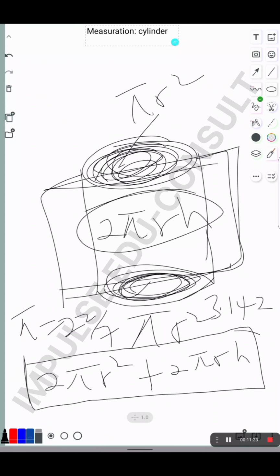Then the total surface area of a cylinder is 2 pi r squared plus 2 pi r h. I did not factorize this, so that you don't get confused. You can use it this way.